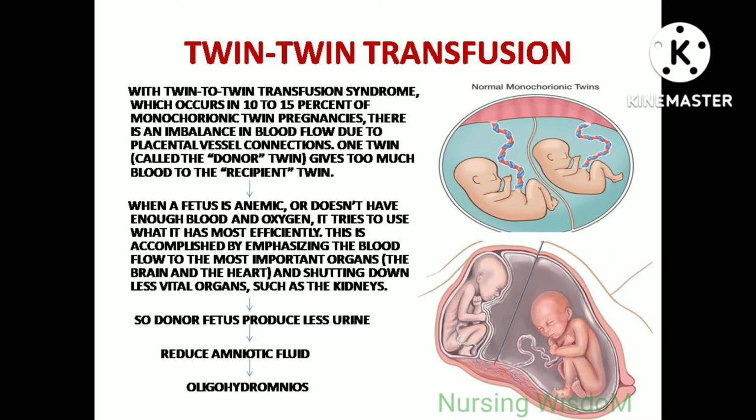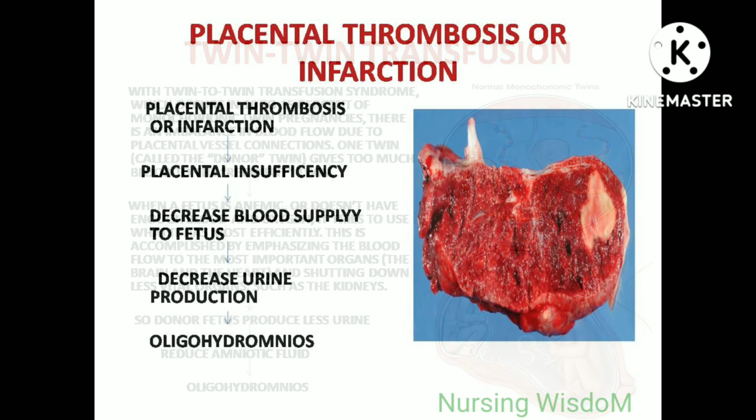This is accomplished by emphasizing the blood flow to the most important organs, the brain and the heart, and shutting down less vital organs, such as the kidneys. So the donor fetus gets little blood supply to its kidney and produces less urine. That will reduce amniotic fluid amount and cause oligohydramnios.